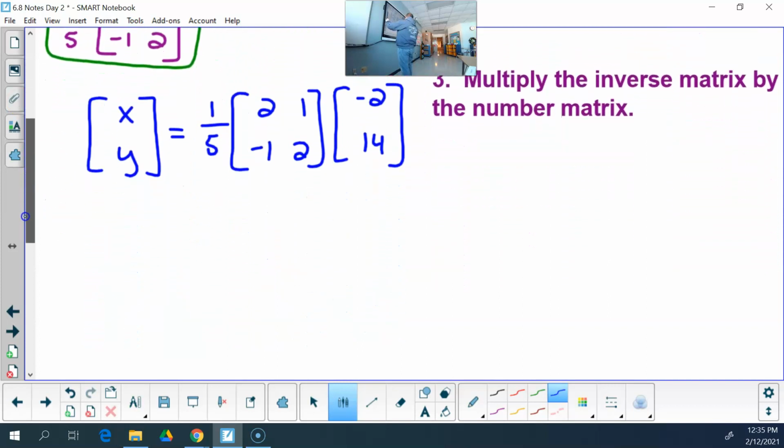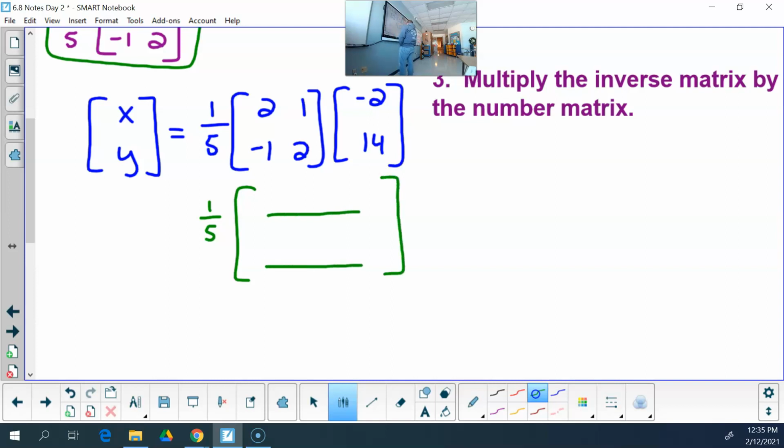So let's actually do this multiplication now. We're going to leave the 1/5 out in front for right now. 2 times negative 2 plus 1 times 14.